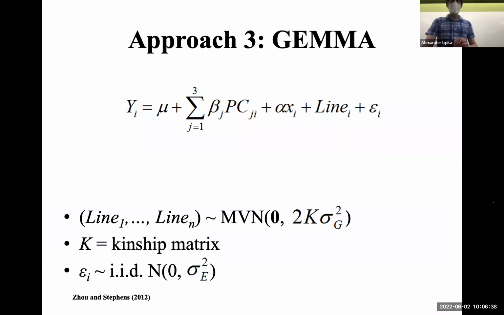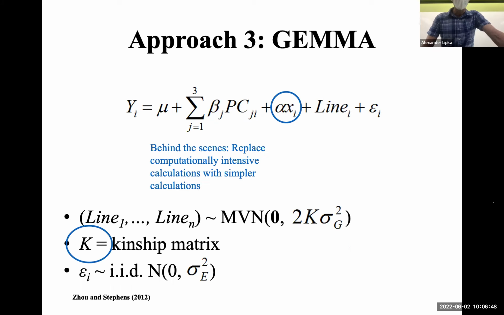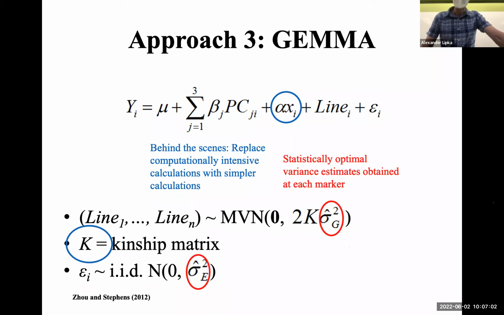So a method that takes the P3D concept that we looked at in the previous slide, but does it bigger and better, is GEMMA. Basically, what's happening behind the scenes is that you are replacing computationally intensive calculations with simpler calculations.